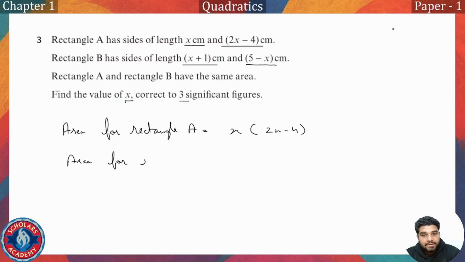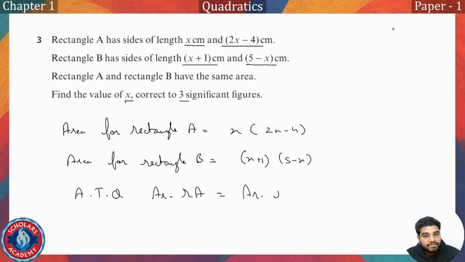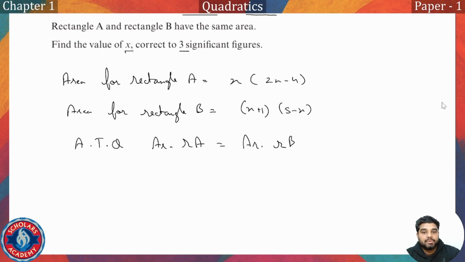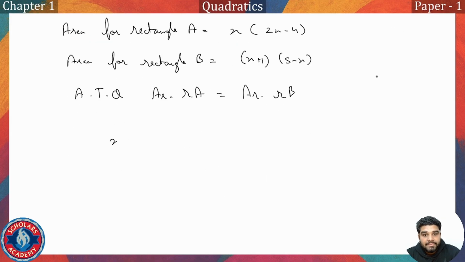Area for rectangle B is equal to x plus 1 and 5 minus x, right? Since it is given, according to the question, that area of rectangle A is equal to area of rectangle B, what we can say is that x times 2x minus 4 is equal to x plus 1 times 5 minus x.